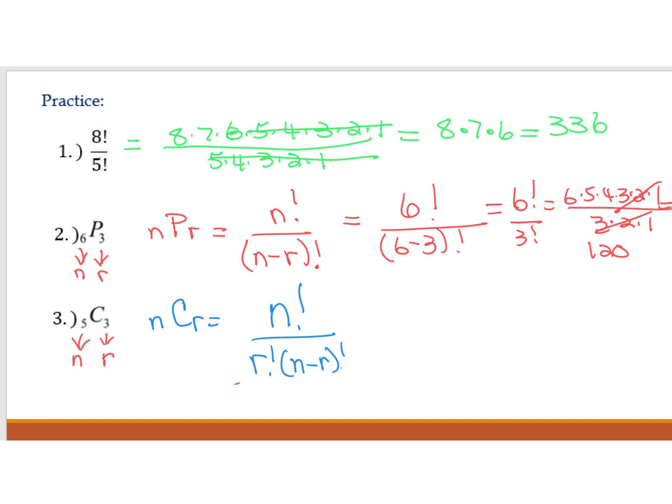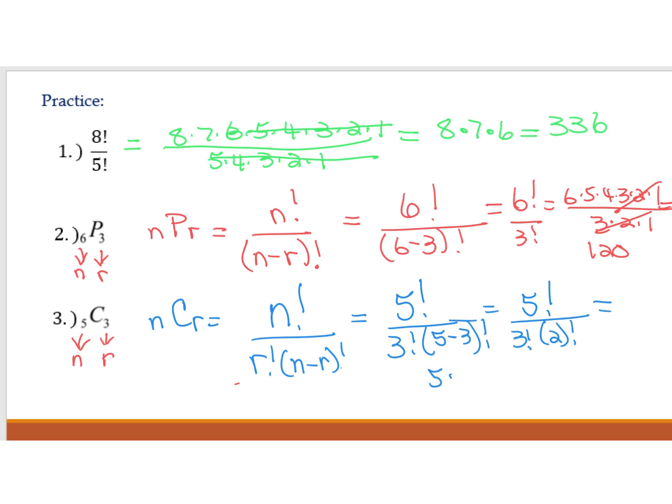I have n factorial, which is going to be 5 factorial, divided by r factorial, which is 3, times n minus r factorial. Okay, that's going to give me 5 factorial divided by 3 factorial times 2 factorial. And now I'm going to expand.